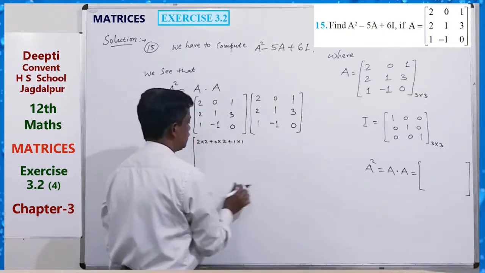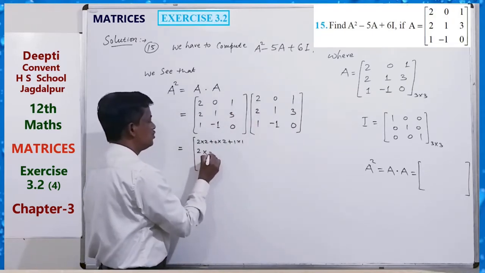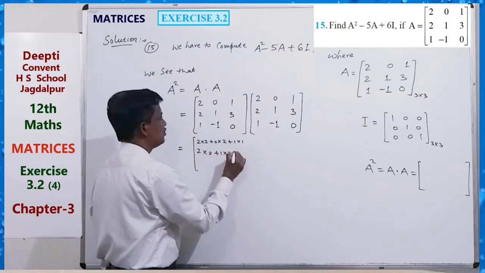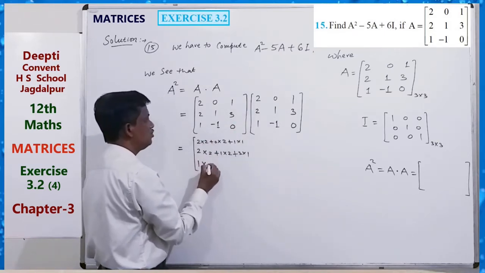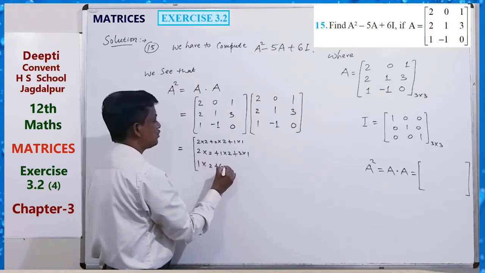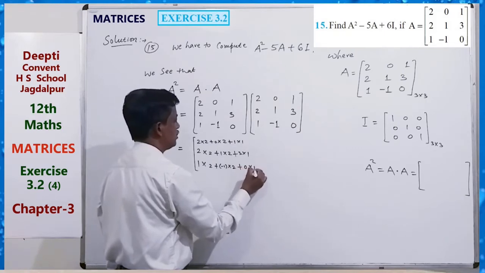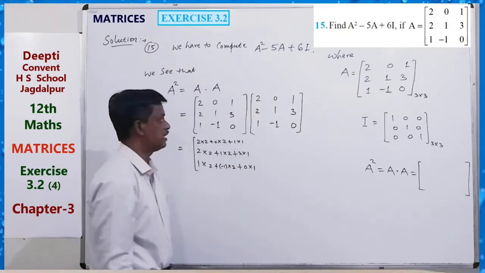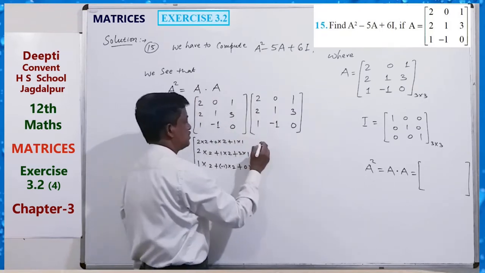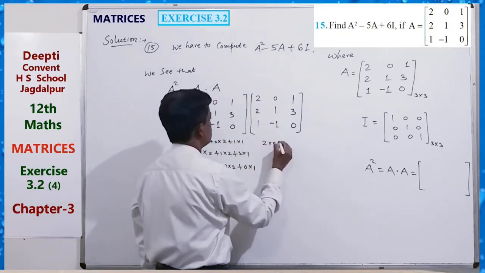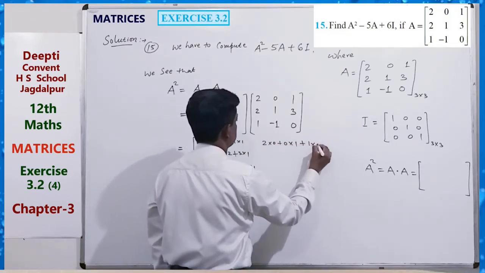Again 2 into 2 plus 1 into 2 plus 3 into 1. Again 1 into 2 plus minus 1 into 2 plus 0 into 1. Second column: 2 into 0 plus 0 into 1 plus 1 into minus 1.